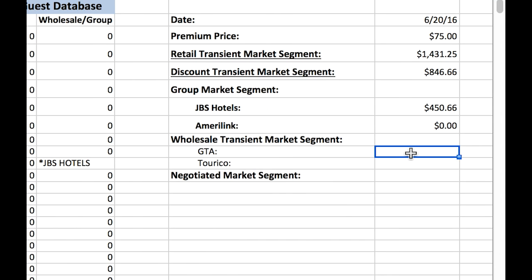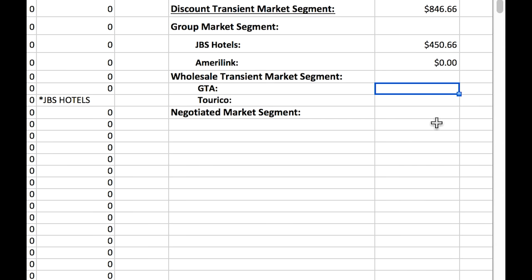They come from two companies, GTA and Tariqa Holidays. You create the formula the same way as the group segment because they come from the same column, but you designate the specific companies. So it's no longer JBS and Marilink, but GTA and Tariqa Holidays. And again, everything's in the cheat sheet.